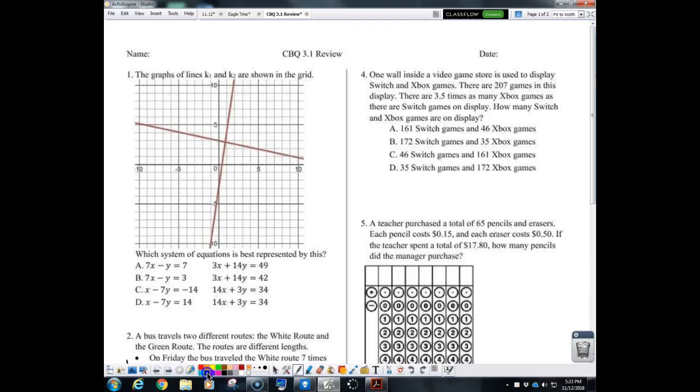So automatically I have my 2 variables, right? The Xbox games and the Switch games. So for Xbox games, I'm just going to go ahead and use an X. And for Switch games, I'm going to go ahead and use an S. All right, so X is Xbox, S is Switch.